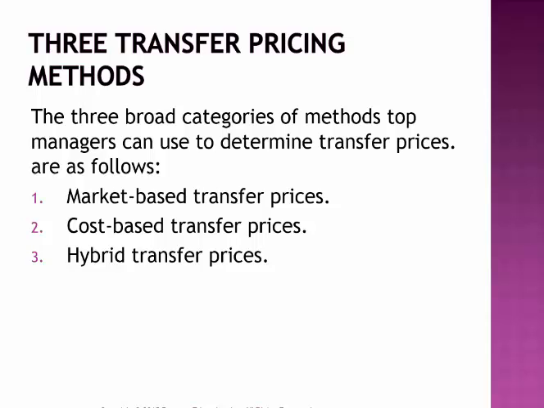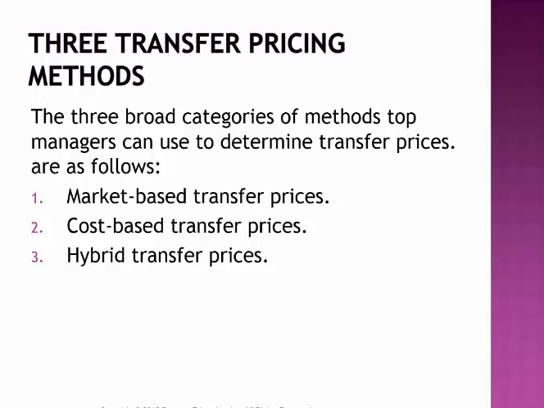Again, typically we're trying to save that autonomy and give those subunits the ability to have some input. So subunits sometimes are free to negotiate the transfer prices between themselves and then to decide whether or not to buy and sell internally or even deal with external parties.